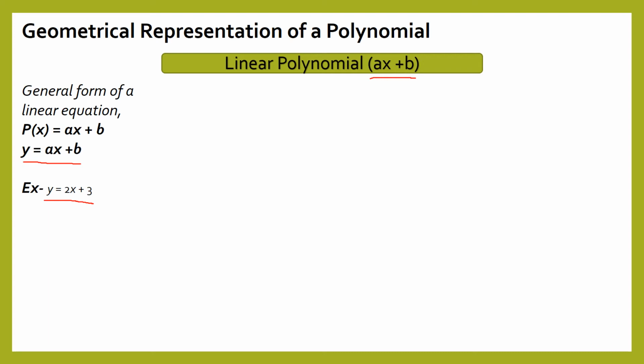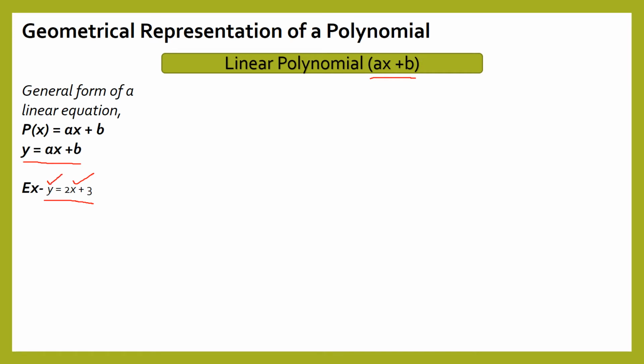Now we want to draw it on a graph to know what is actually the shape of this particular equation. In order to draw the graph, we have to find out the coordinates through which the curve of this polynomial travels. So in order to find that, we need to know that x is an independent variable and y is the dependent variable.